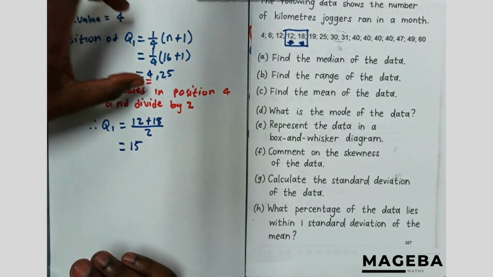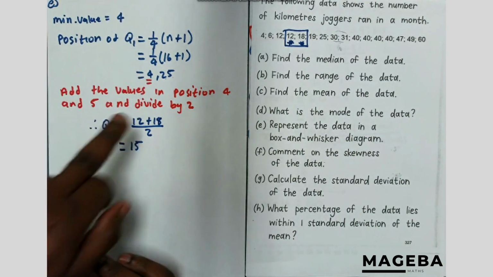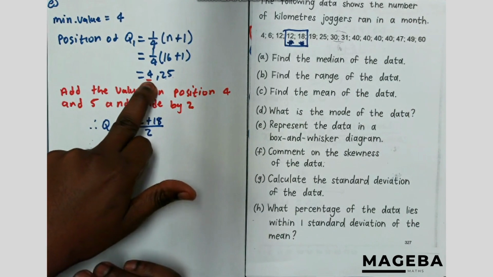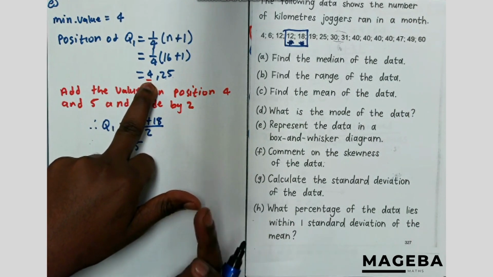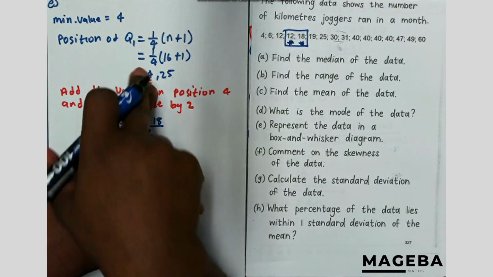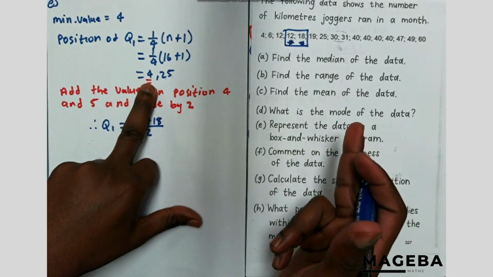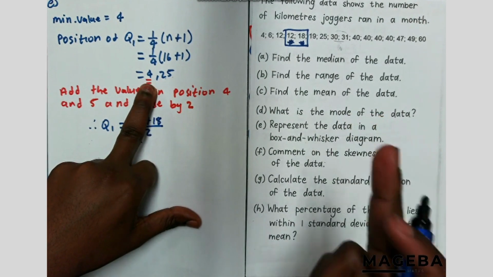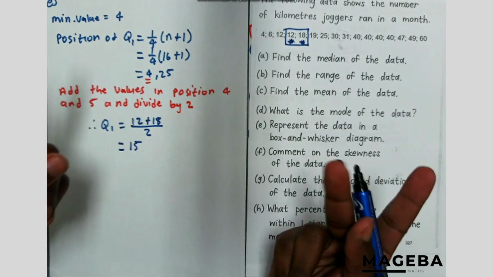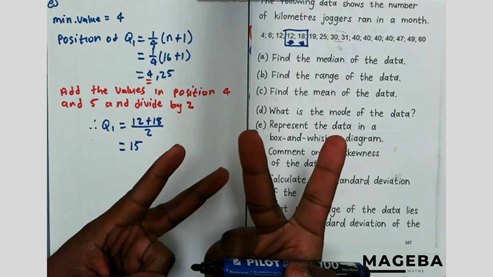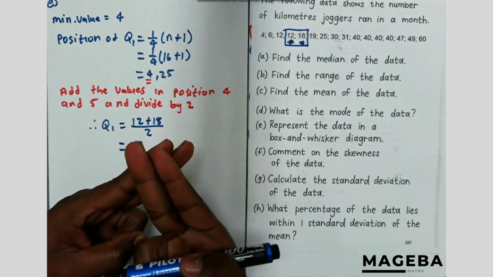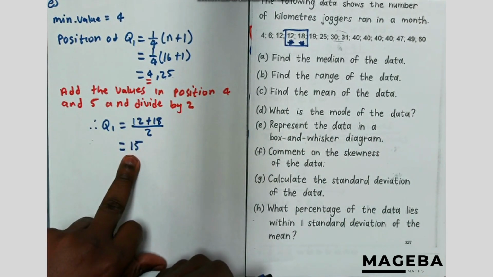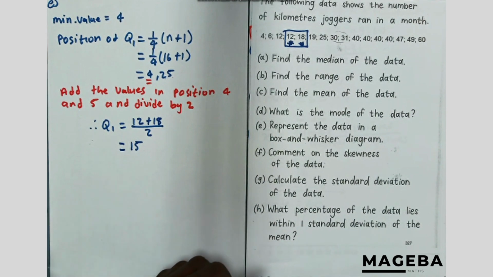This is to find the position of Q1. The first number that we get before the decimal point, we take that number, and then the following position, which is 5. We take those two numbers, we add them, we divide by 2, and we find Q1.